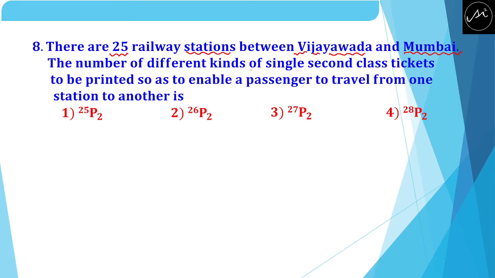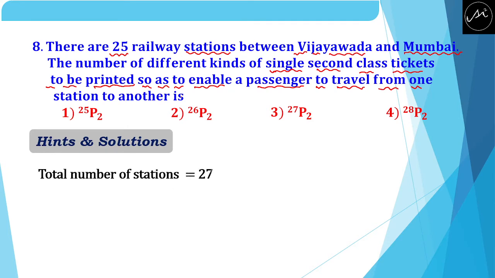The number of different kinds of single second class tickets to be printed so as to enable a passenger to travel from one station to another station is... See, there are 25 railway stations between Vijayawada and Mumbai. The number of different kinds of single second class tickets to be printed so as to enable a passenger to travel from one station to another station is.